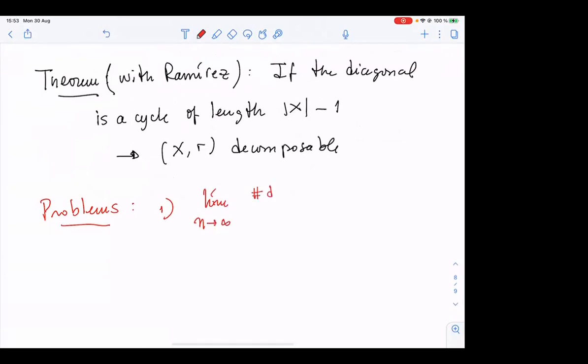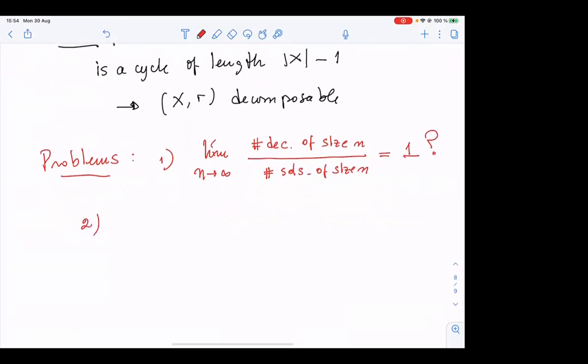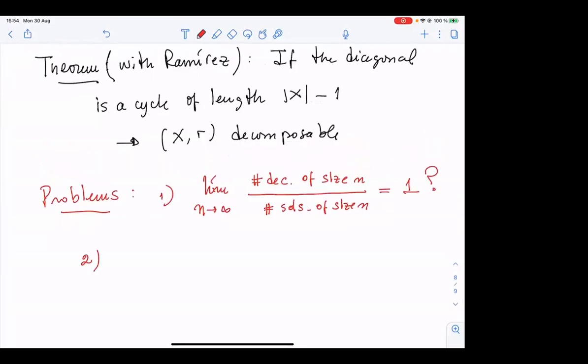So maybe it is possible to prove that the number of indecomposable solutions of size n over the number of solutions of size n tends to zero. This is one open problem, saying essentially that almost all solutions are decomposable, but at the moment it is not clear how this problem is related to all these theorems that we did with Ramirez, or the theorem that Rump proved.